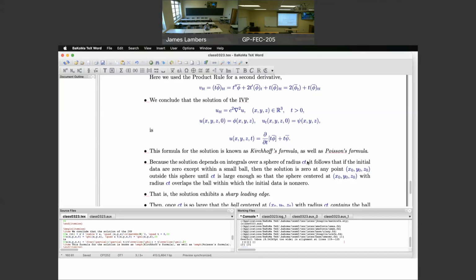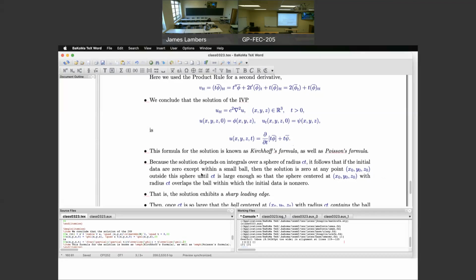Now, there's an interesting interpretation of this solution formula because we're dealing with the average value of the initial data over a sphere. And keep in mind, it's just the bounding sphere, the shell, not the inner part of it.